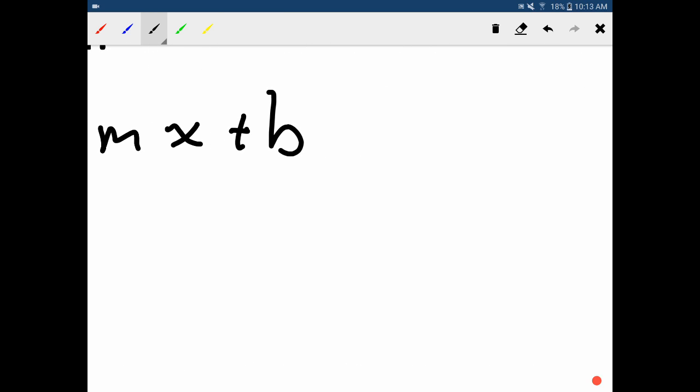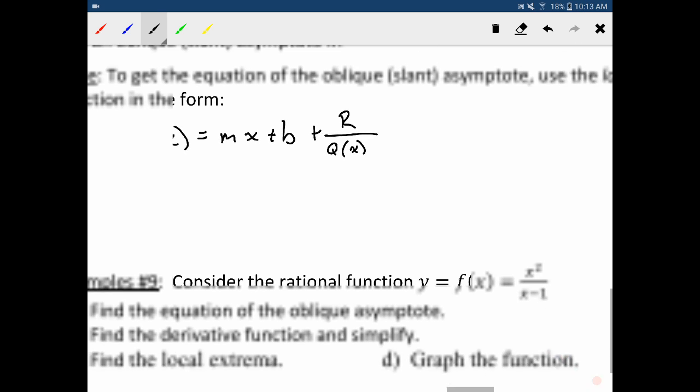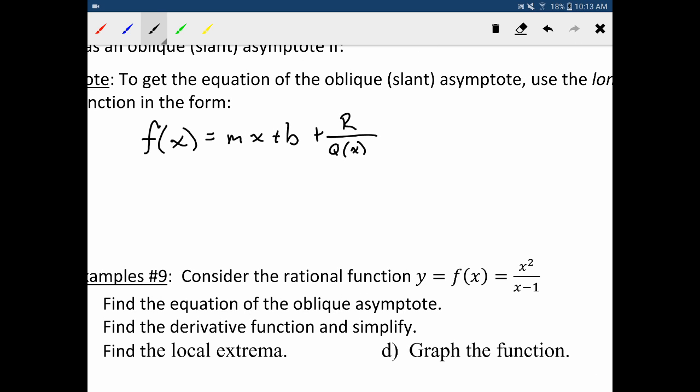So you should have a remainder. And what you'll do is you'll just say plus whatever that remainder is, divided by that q of x still. So you're doing p of x divided by q of x, but you're doing it the long way.